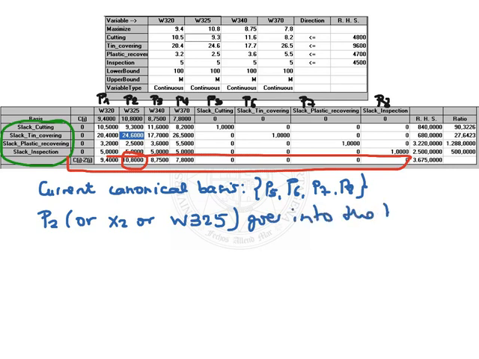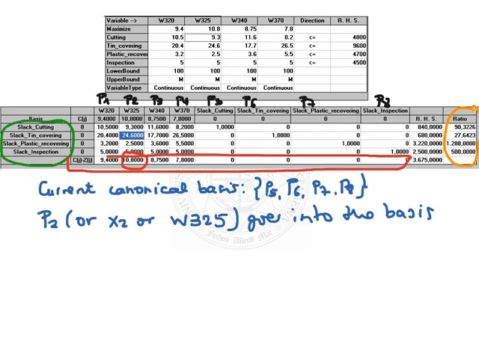Now, to know which variable goes out of the basis, we look at the ratios, which are here, and we look for the least of them, which is this one.